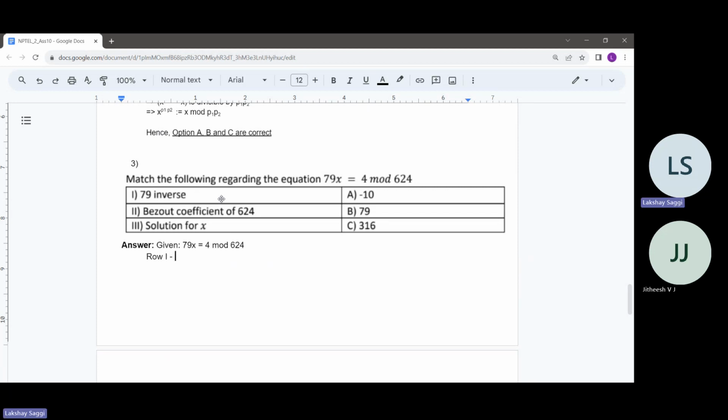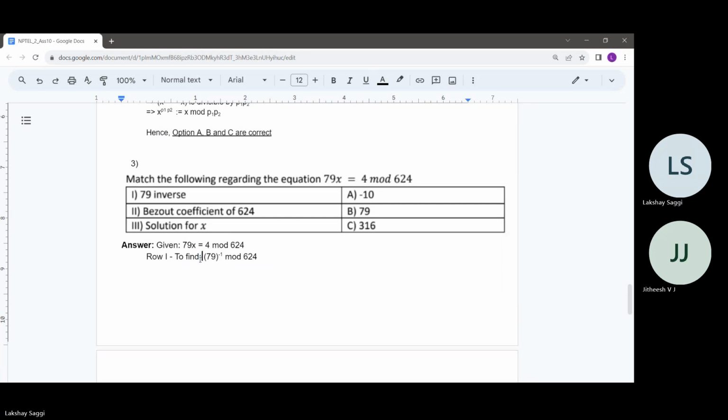Let's solve it row by row. Row one states that we need to find 79 inverse. Since this question is based on modulo 624, we need to find 79 inverse mod 624.